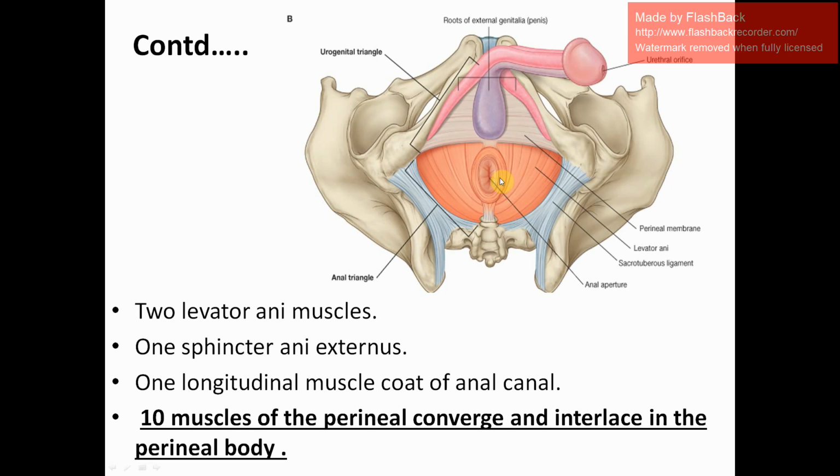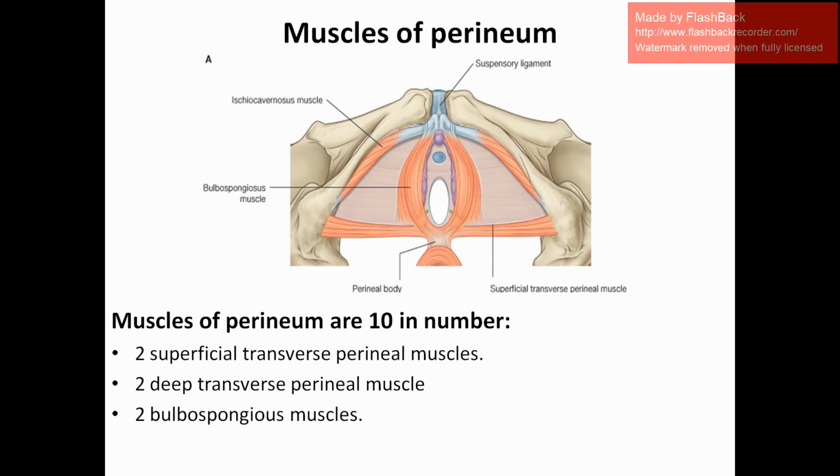This is around the anal canal. And one longitudinal muscle coat of anal canal. All these 10 muscles of perineum converge and interlace in the perineal body. So this is the perineal body. So all these 10 muscles converge in the perineal body.